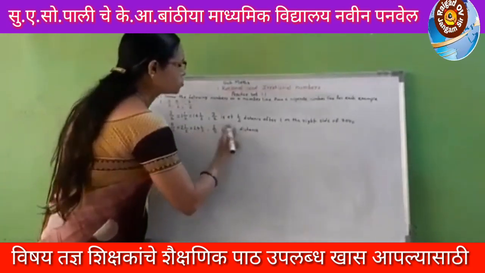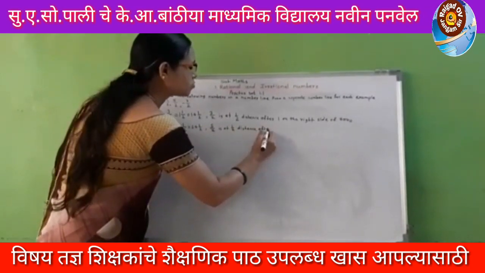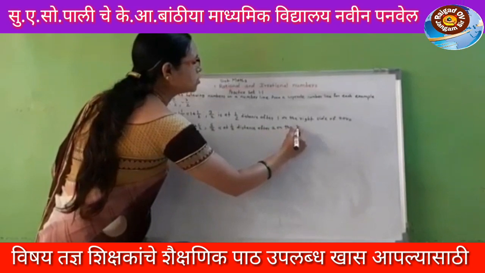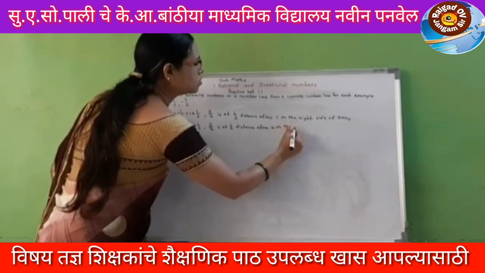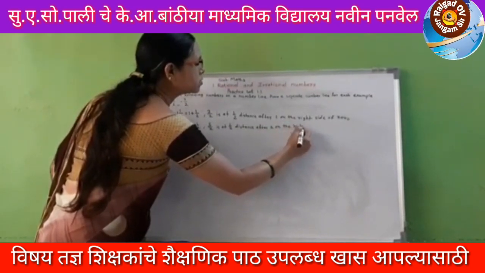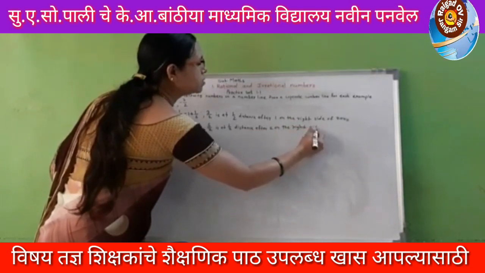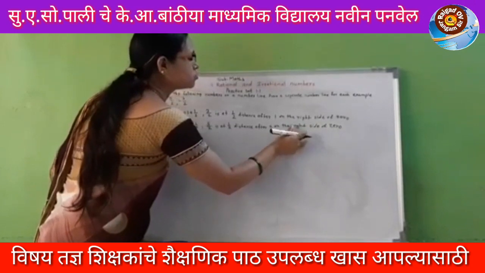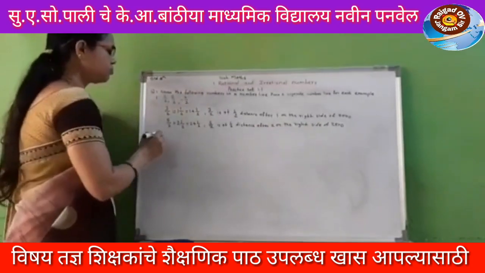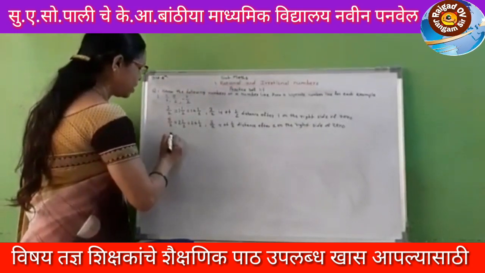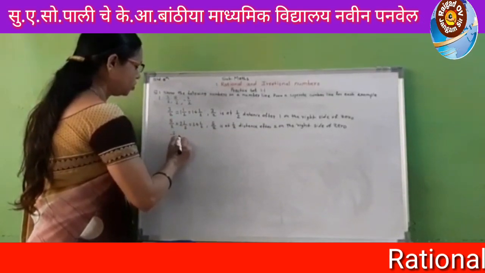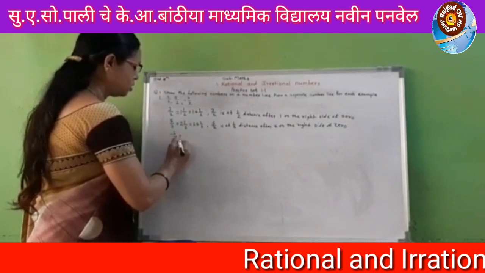After 2, on the right side of 0. Minus 3 by 2. Convert minus 3 by 2 into whole number fraction.